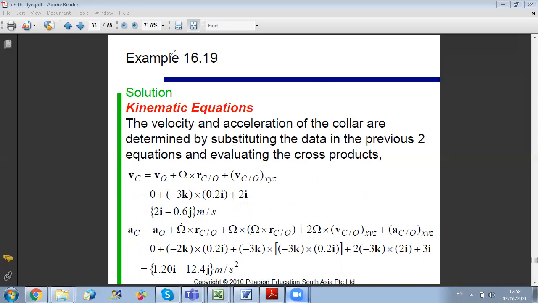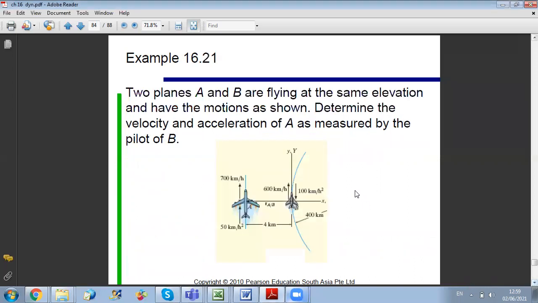Okay. Now we will do another problem. And if you remember this problem, we have done it already in chapter 12, in the first chapter of dynamics. And when we did it, I gave you a remark. I told you that when they asked the question in chapter 12, they asked for relative velocity and acceleration of B measured by A. And I told you this is possible to do in this chapter because A is translating.